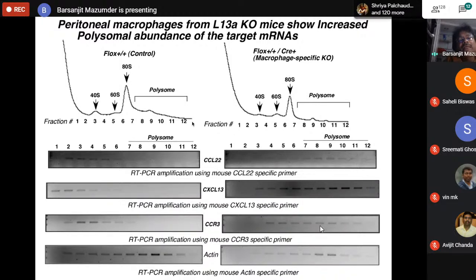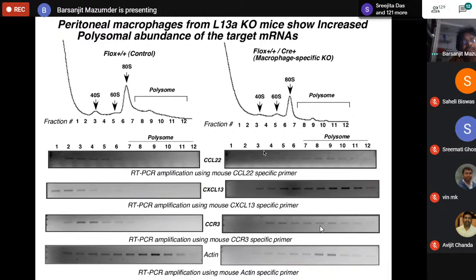We can see here, under control condition, meaning normal mouse, these mRNAs are induced. However, these mRNAs are mostly in the silent part, meaning not very efficiently producing protein.